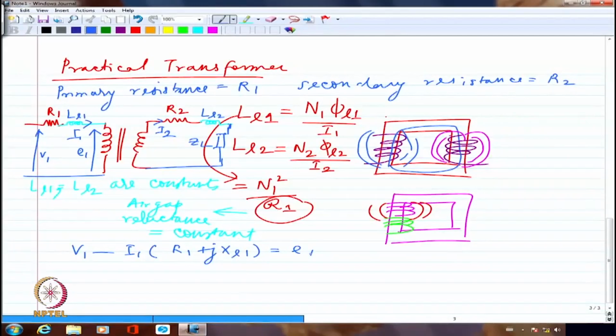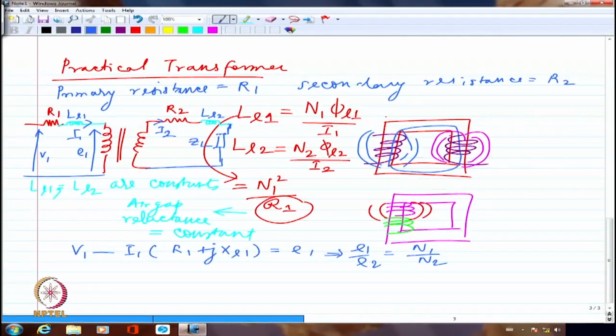So what is available as the induced EMF is actually giving me the relationship E1 by E2 equal to N1 by N2, if I am writing in terms of even instantaneous voltages.